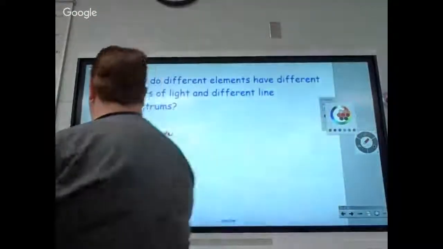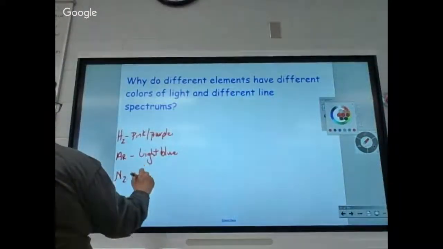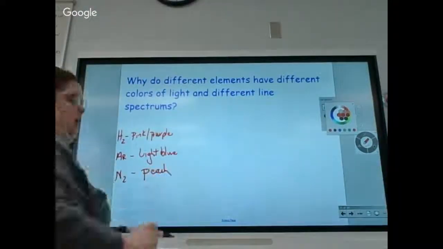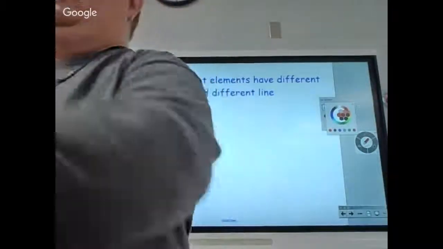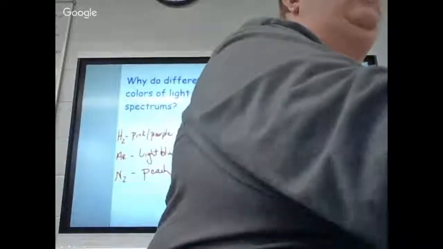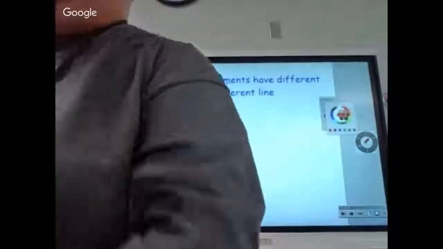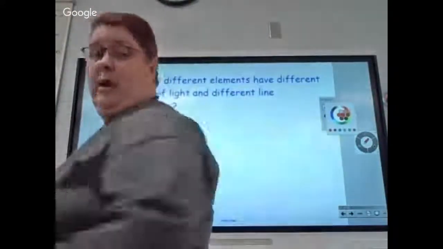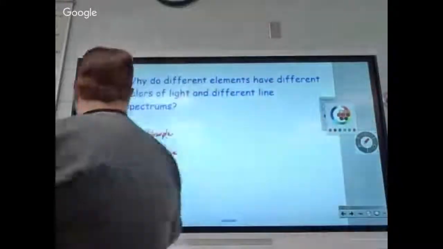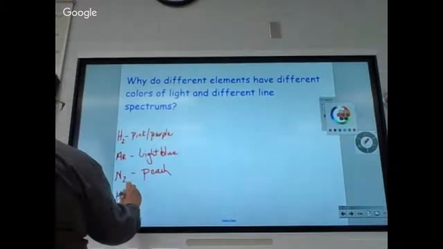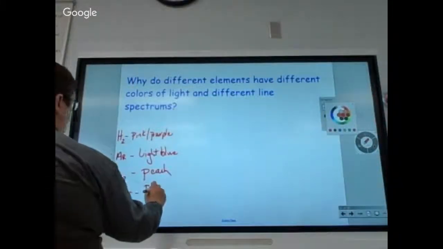Nitrogen. It's orange, a peach color. All right, so peach. Unfortunately, neon I broke 2 years ago, so I can't show you true neon, but I'll tell you what it is in a second. That one is water vapor. It looked the same.